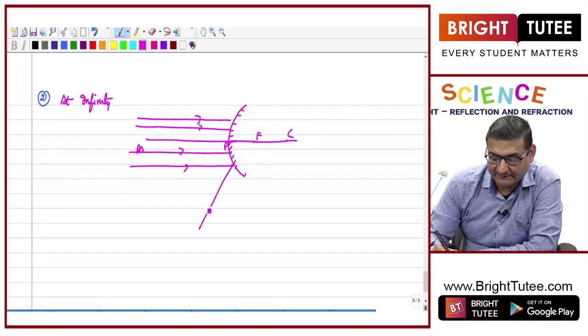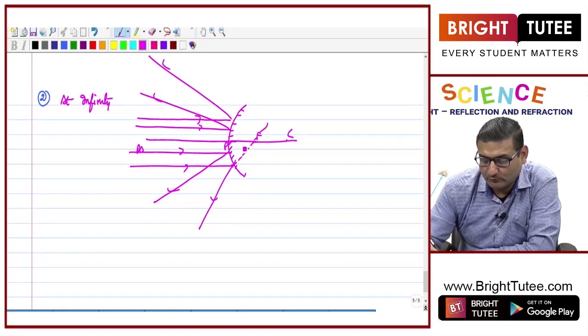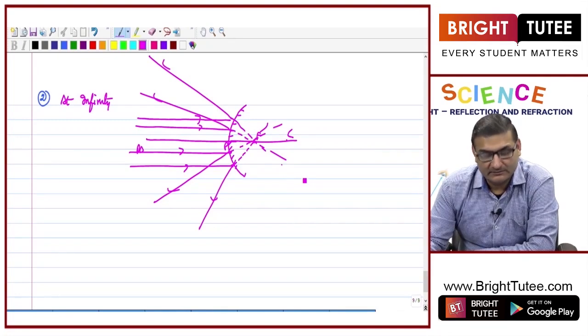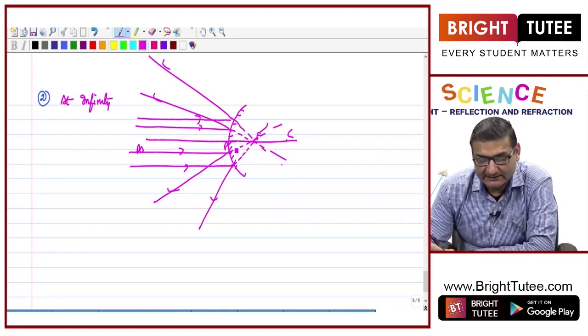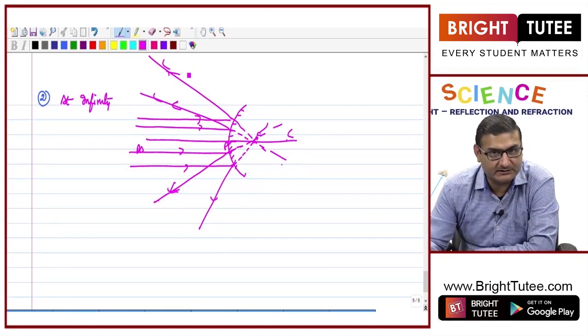When they reflect back, they will reflect back in such a way that all of them will appear to pass from the focus upon extension. We can take any two rays of light, and when we extend them, as none of them are going to meet each other after reflecting back, they are diverging, they are all going away from each other.